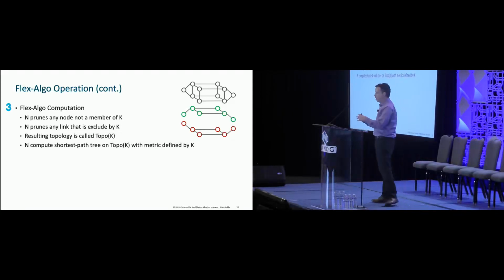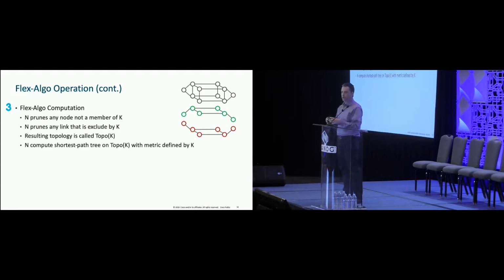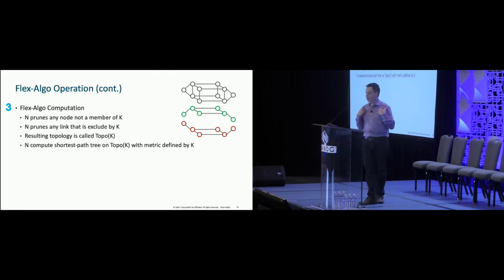So what N will do is he will run multiple Dijkstras, one for each FlexAlgo, for Algo 0, which includes everybody. And then he says, wait a moment, I'm a member of FlexAlgo K. K happens to be the red topology you see third in the picture.